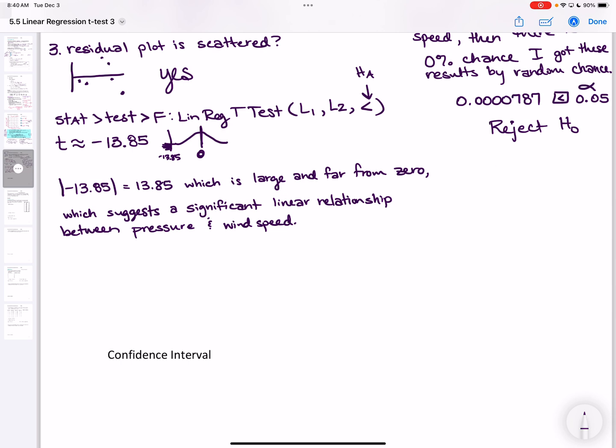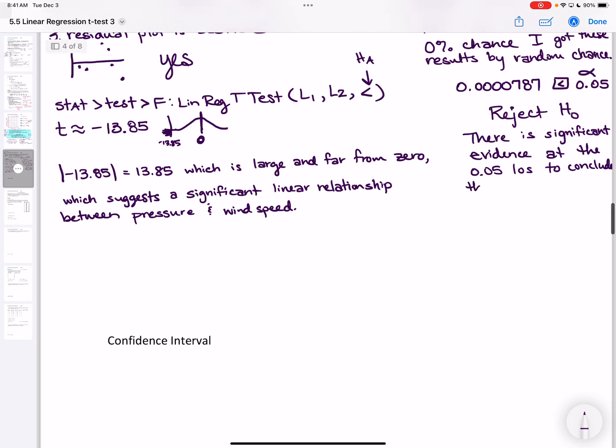So there is significant evidence at the 0.05 level of significance to conclude that there is, look at my alternate, a negative association between pressure and wind speed.